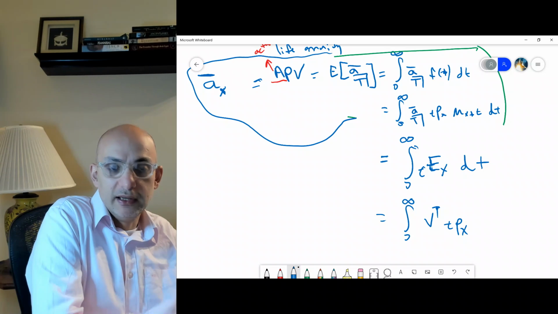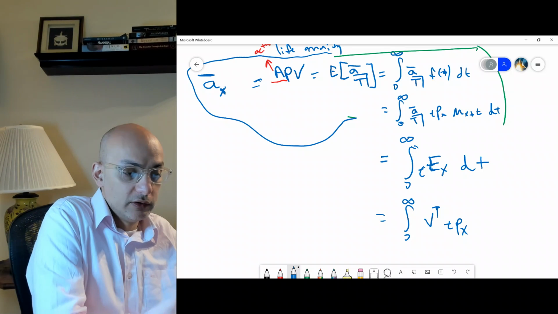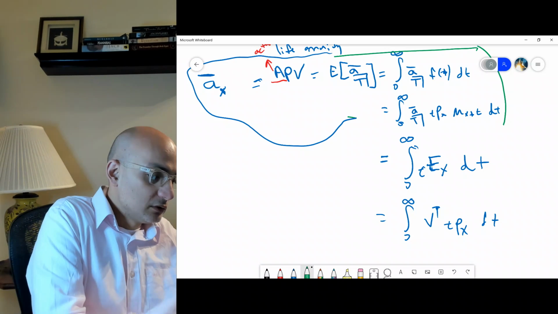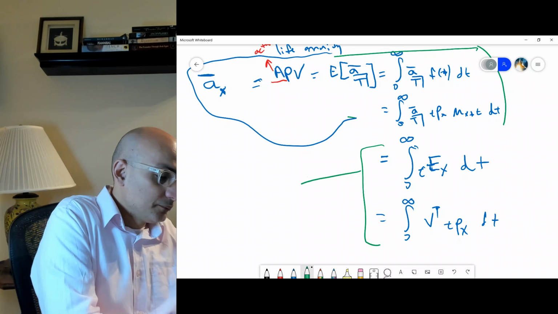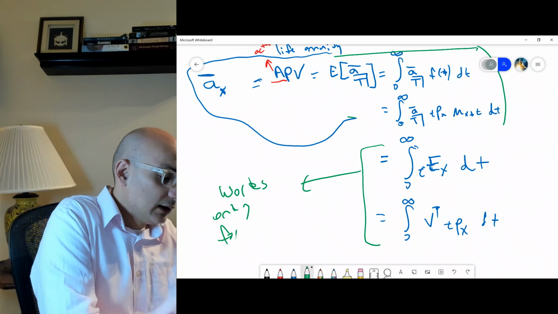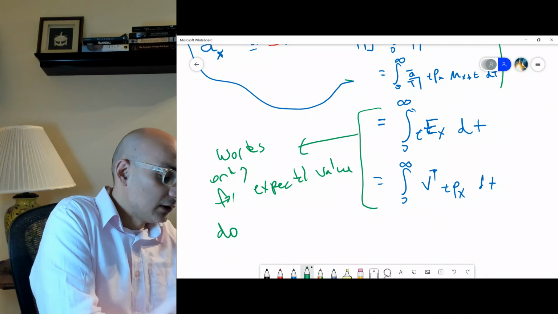There is no mu here, unlike mu_(x+t) dt. But I just wanted to warn you, this works only for the expected value, and does not work for the second moment.